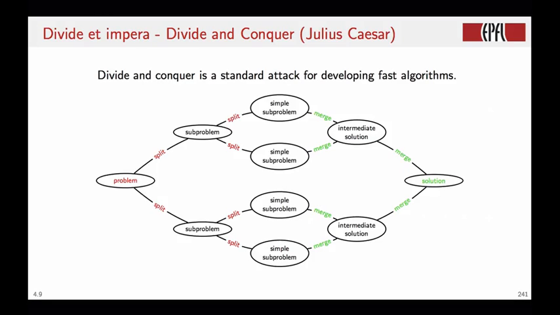Okay, so what is the idea behind the fast algorithm for the discrete Fourier transform? It is this Latin phrase divide et impera, or divide and conquer, that usually is attributed to Julius Caesar. It's the idea that you take a large problem and divide it into sub-problems that you have a better handle on.